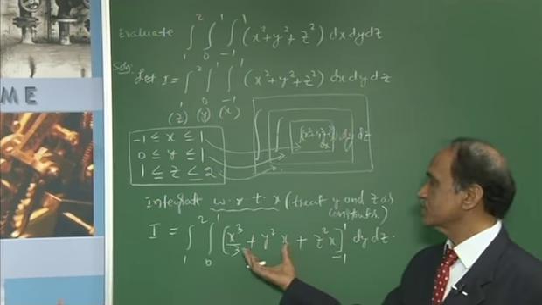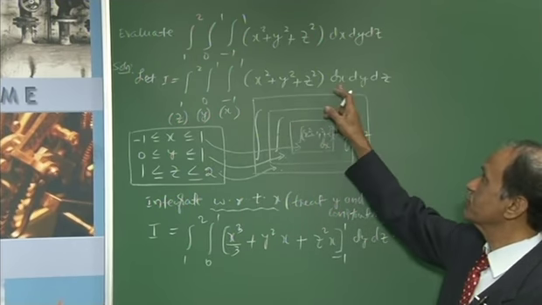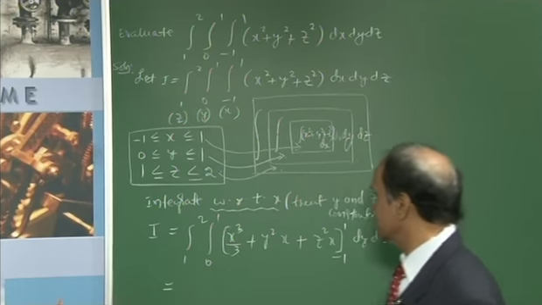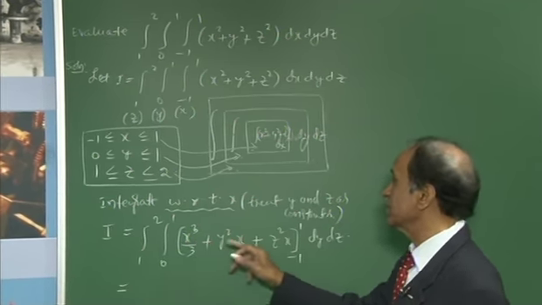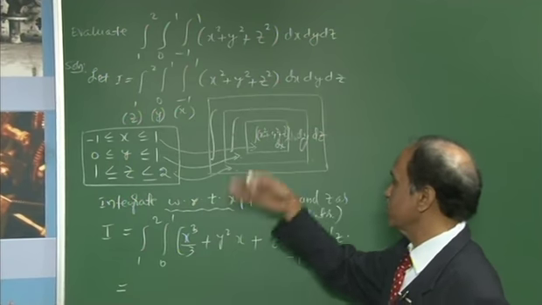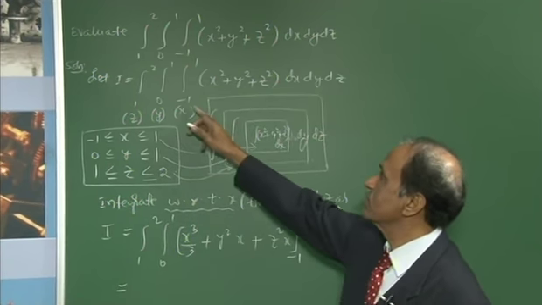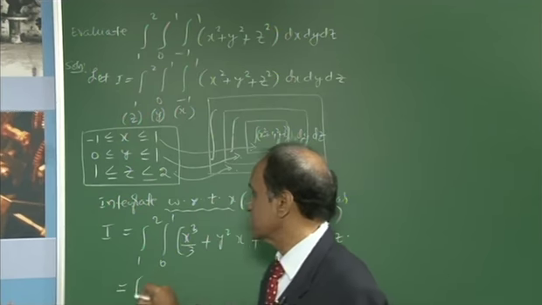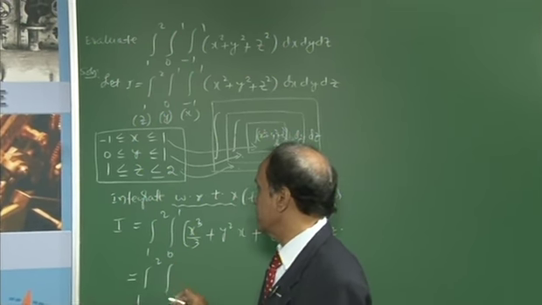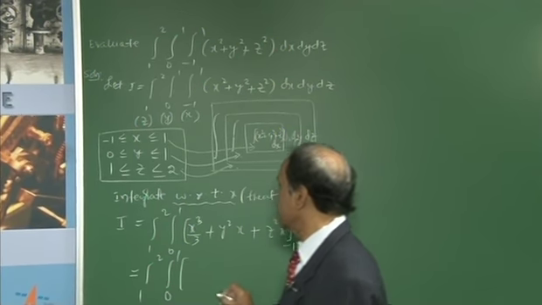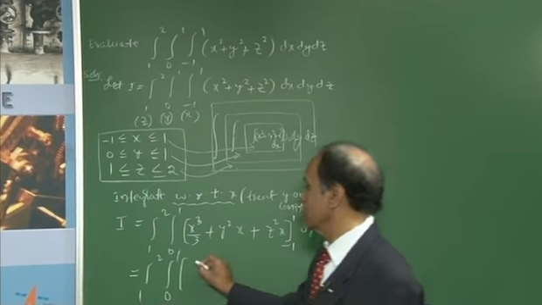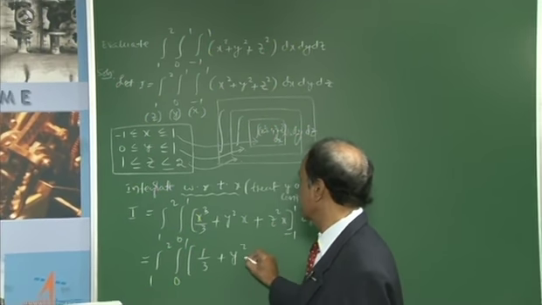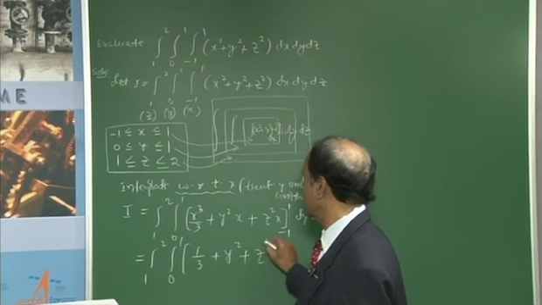So this is the first integration which you carried out with respect to x, then accordingly you substitute the limits. That means you replace x by x equal to -1 and x equal to +1 for the innermost integral, with 1 to 2 and 0 to 1 outside: x equals 1 gives 1 by 3 plus 1 y square plus 1 z square.